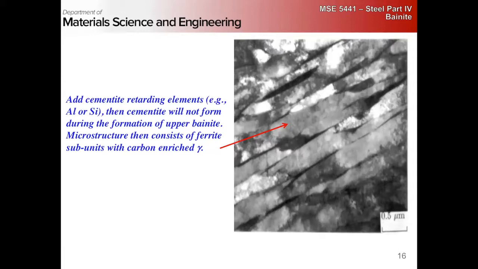In martensite, you get the shear transformation, then you can cool it. You cool it down, and then you look, and when you do metallography at room temperature, you see that the carbon concentration in your martensite is the same as it was in your austenite, right? If you don't temper it.